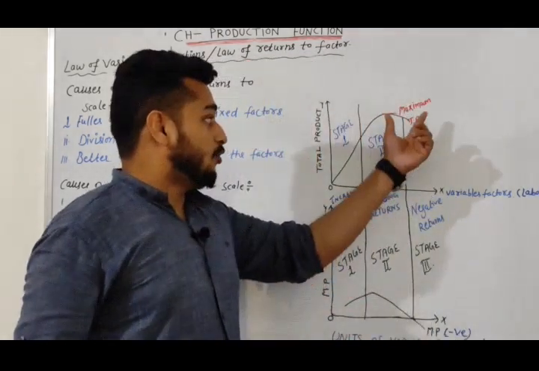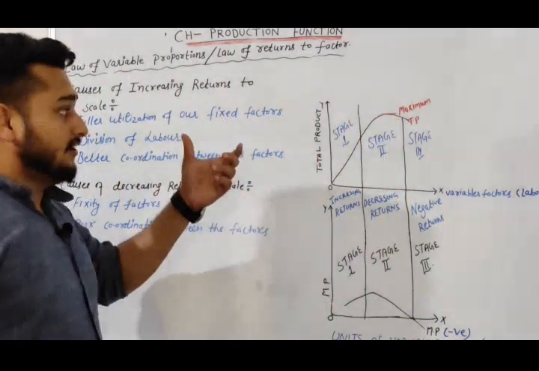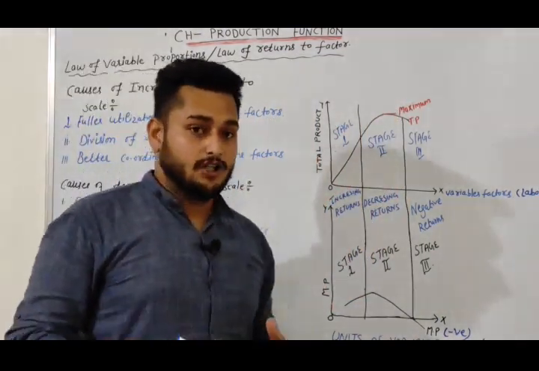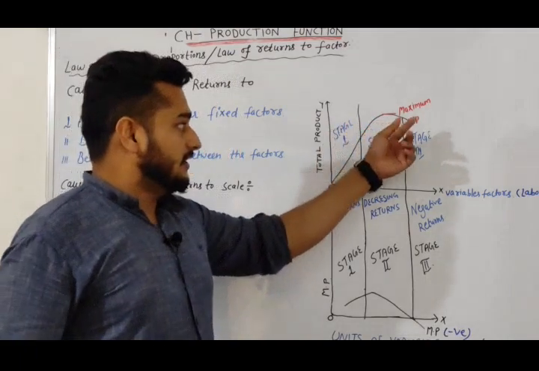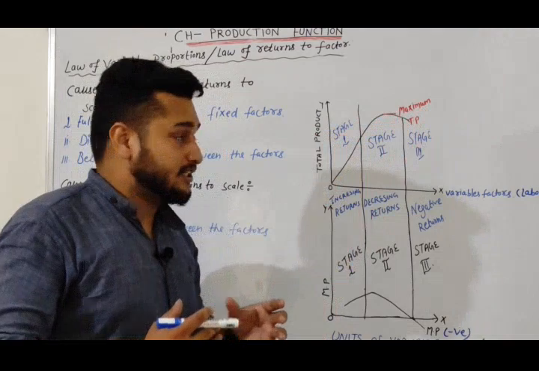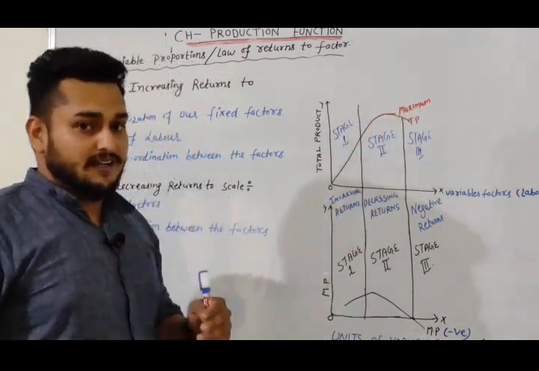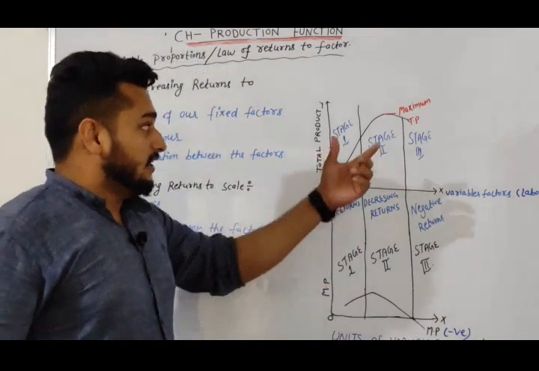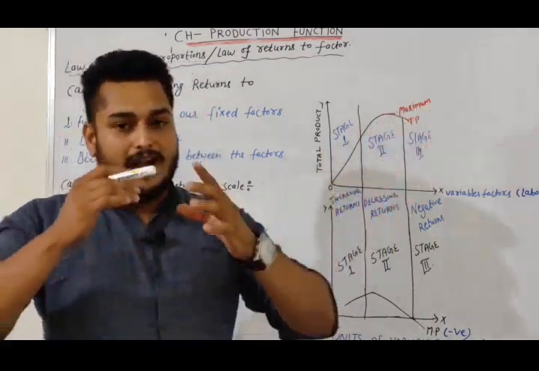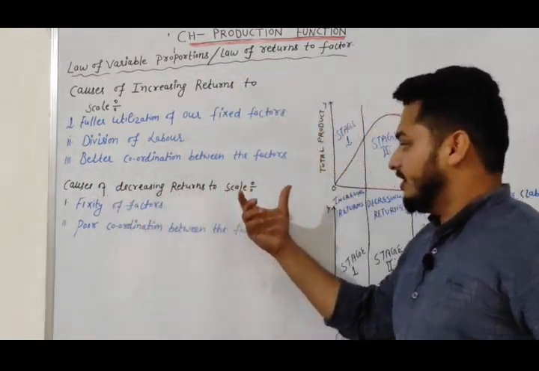Again, at this point, when total product is maximum, there is better coordination between the factors. Why? Because at this point our labor is 5 on the fixed factor and total product is maximum, that is 12. After that our total product starts decreasing. So when total product is maximum, that means better coordination between the factors.